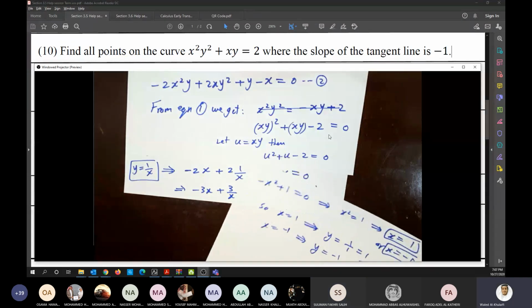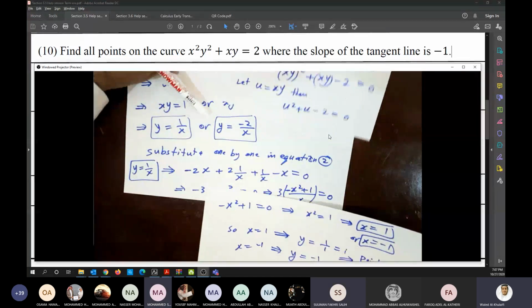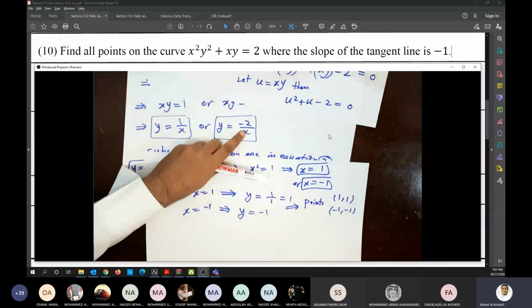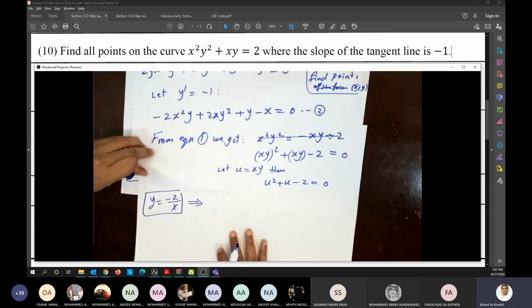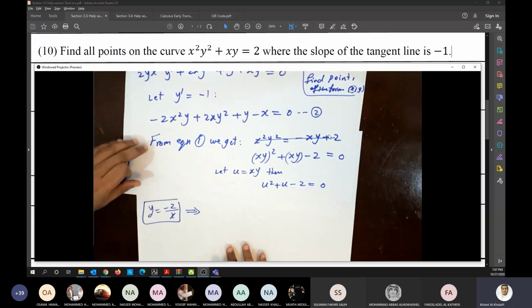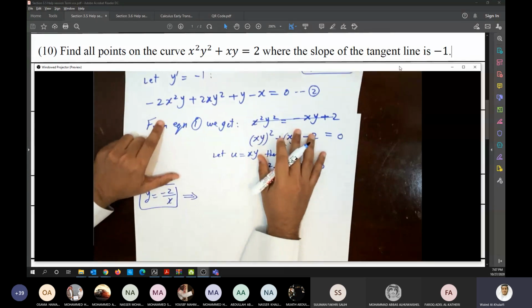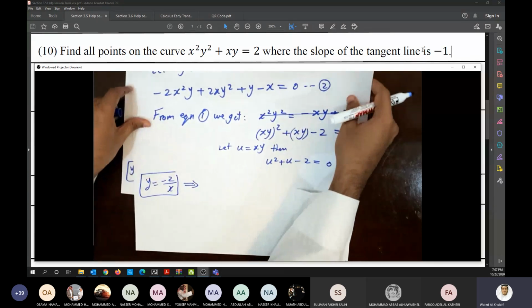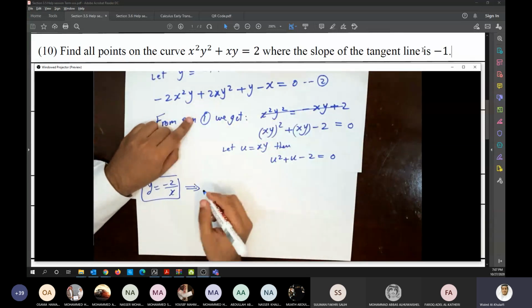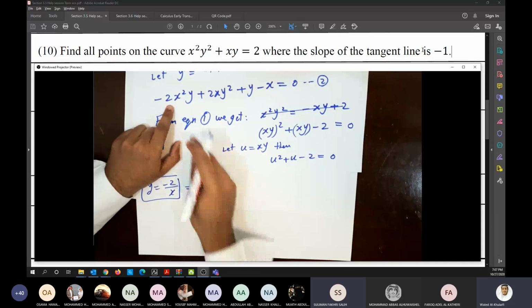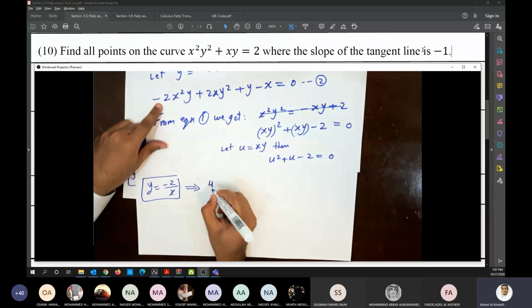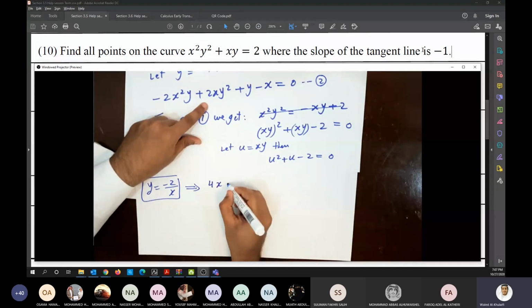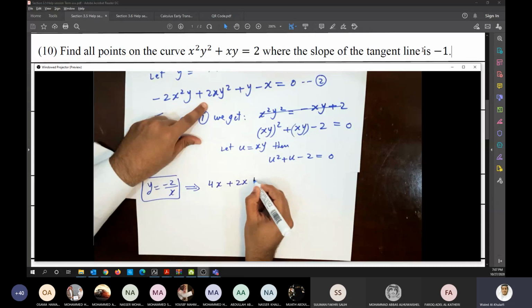So are we done, guys, or is something missing? Something is missing. Use the second answer. So y equals negative 2 over x, which implies that. Let's substitute this one. So what you will have is minus 4x, plus 2x, and then you have 4 over x squared.